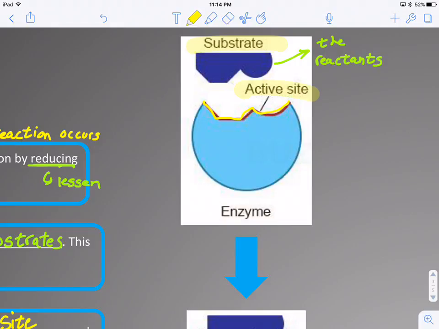And what I want you guys to notice is that the substrate in the active site, they have the same shape.